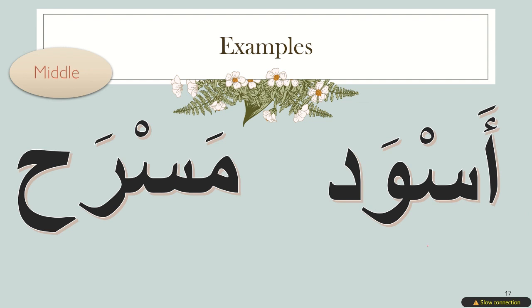If sin is in the middle, as you can see here, the first letter, the vertical one with Hamza above it, this is Alif, and it's not connected to the letter after.